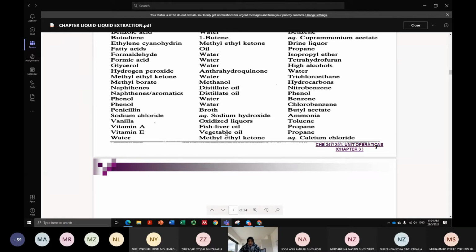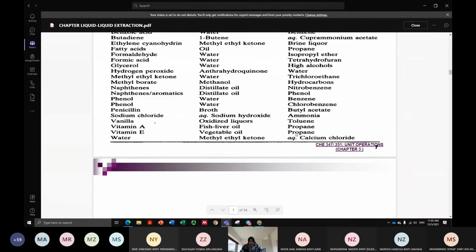Contact area between the solvent and your solute must be higher to make sure that vitamin E can be attracted to your propane. So by having propane as your solvent, you can remove vitamin E from the vegetable oil.